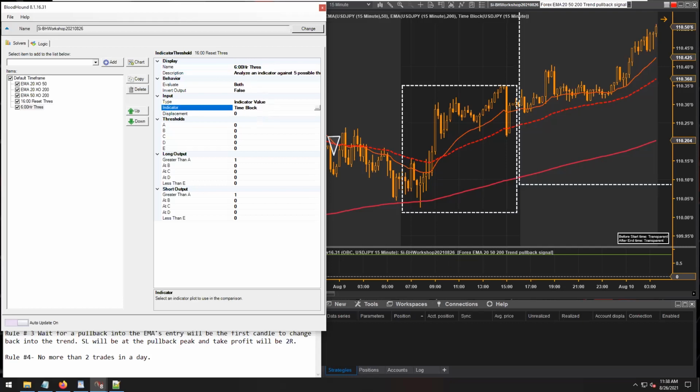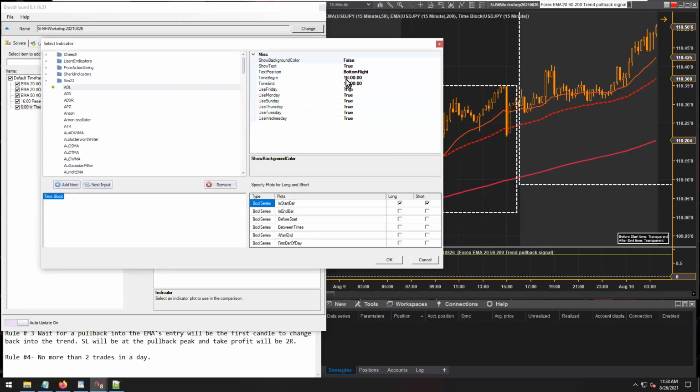So let me go into the time block and adjust this. So our begin time just needed to be adjusted to 600 hours, and we're going to leave the is start bar, we're going to leave that as it is.